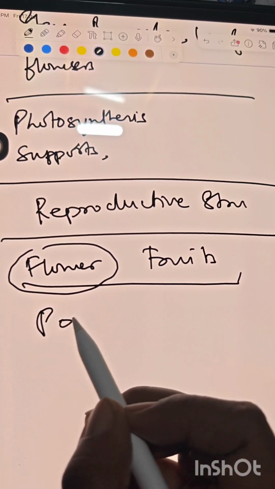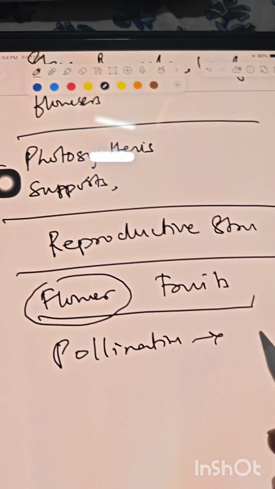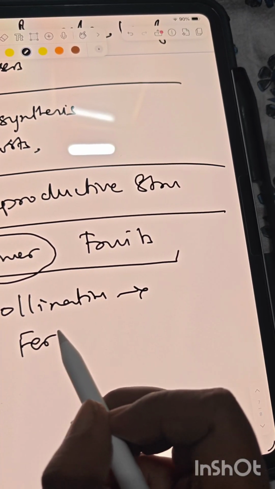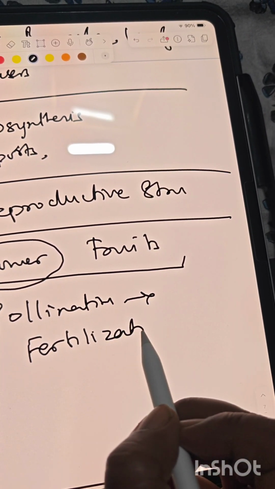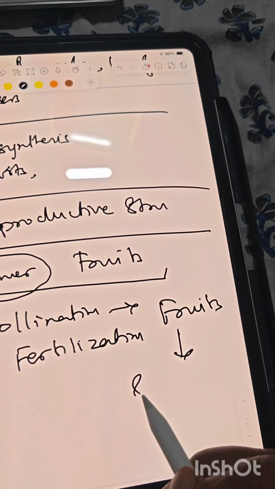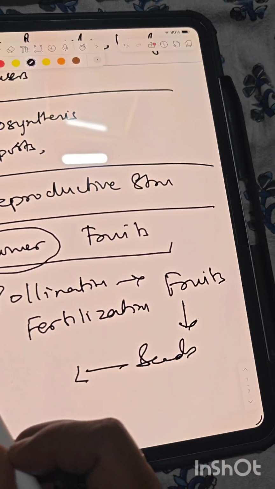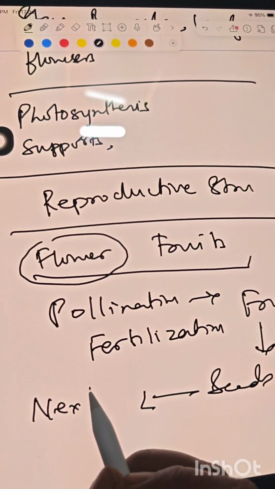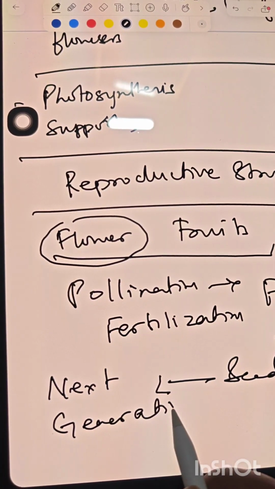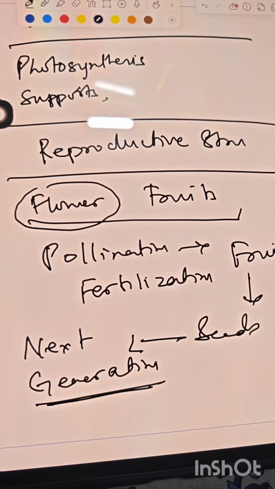It goes for pollination; once pollination is there, fertilization is there, and it leads to formation of fruits, and fruits lead to formation of seeds. The seed ultimately gives the next generation. So this is the basic shoot system.